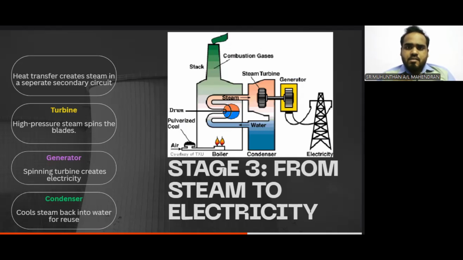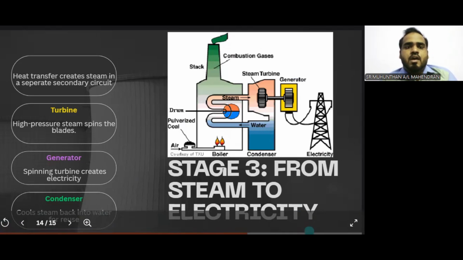The turbine is connected directly to a generator, and as it spins, it creates electricity through electromagnetic induction. After passing through the turbine, the spent steam is cooled back into water in the condenser, and it is pumped back to be reused, which makes the system very efficient as well.